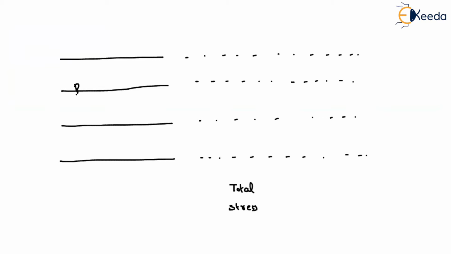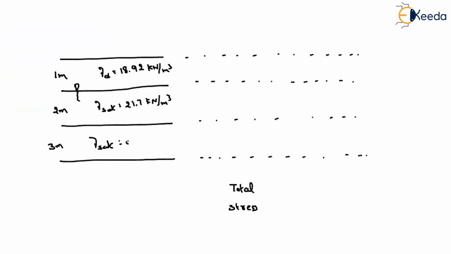The water table is here, the depth is 1 meter, the next layer depth is 2 meter, and here it is 3 meter. Here gamma_d is given as 18.92 kilonewton per meter cube, here we found gamma_sat as 21.7 kilonewton per meter cube, and here gamma_sat is 20 kilonewton per meter cube.